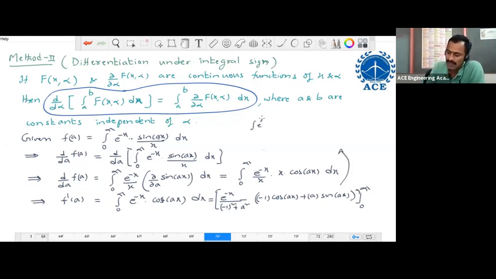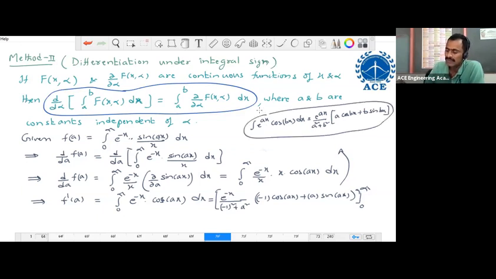The formula: integral of e power ax into cos bx dx equals e power ax by a square plus b square into a into cos bx plus b into sine bx. After eliminating the x, we have a simple integral function e power minus x into cos ax. So by using this direct formula, we write the integral of this.